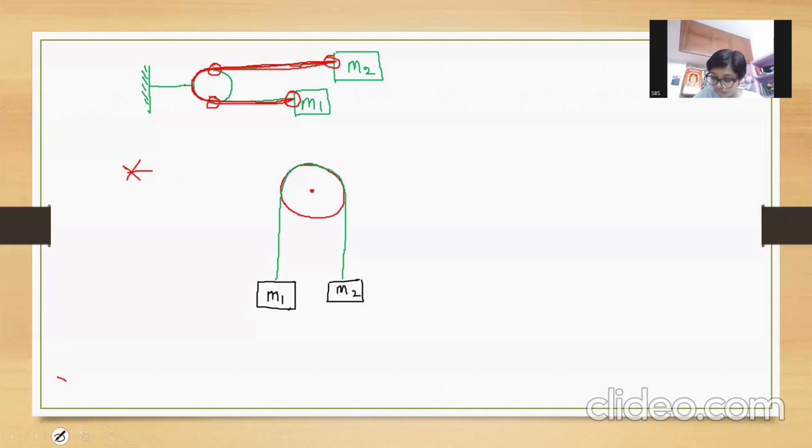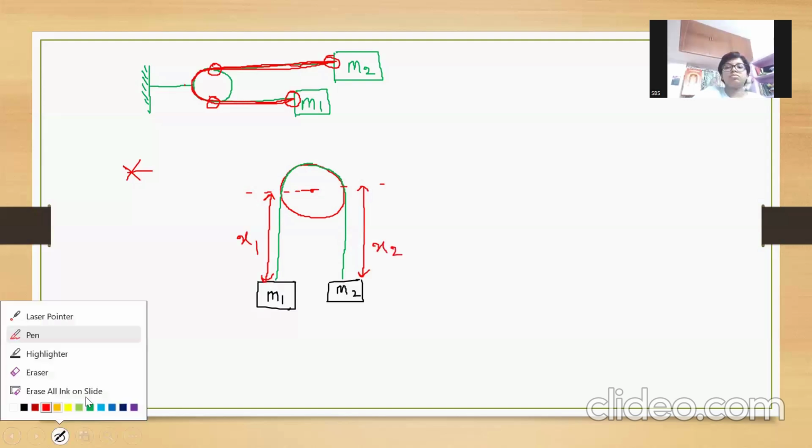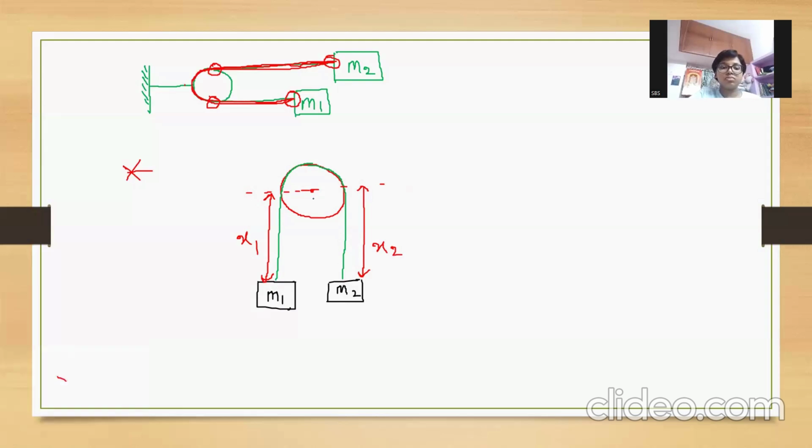Clear? Now look here. This is X1, from here to here I take X1 distance. This is X2. And this pulley is going with a certain acceleration upward. AP is the acceleration of the pulley.